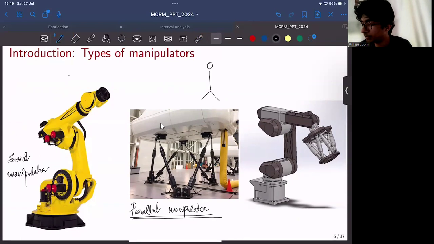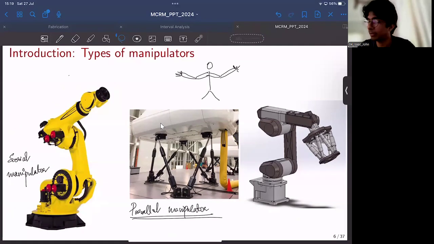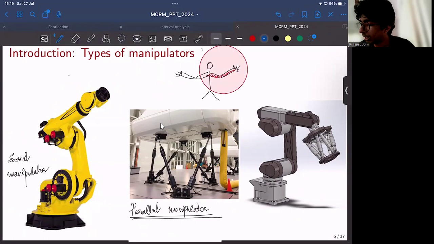I'm ignoring the other aspects and only focusing on the hands, the fingers. So if you consider each of these hands as a serial manipulator, maybe I'll draw one figure actually. So the red part corresponds to this arm, the right arm, and the blue one corresponds to the left arm.